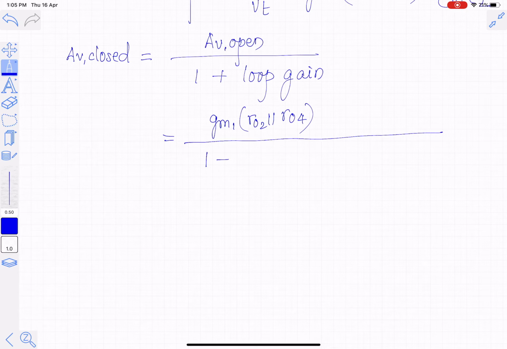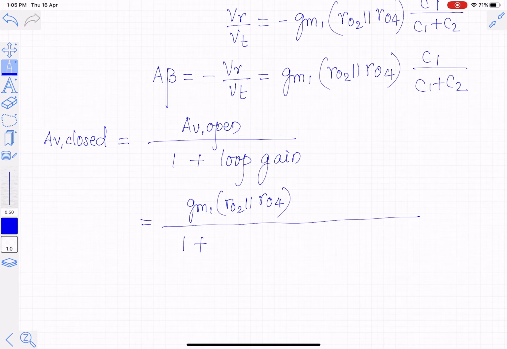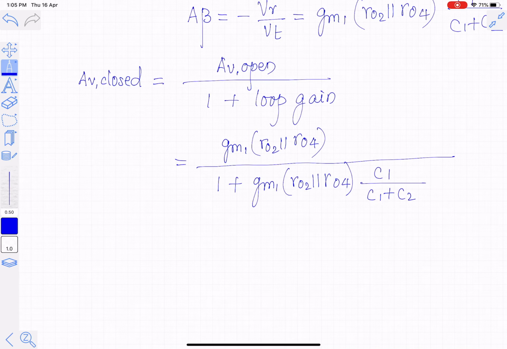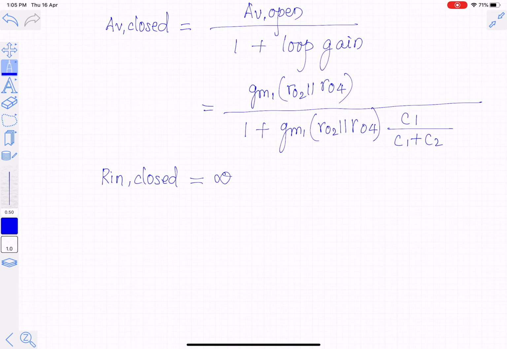So 1 plus loop gain is GM1 RO2 parallel RO4 into C1 upon C1 plus C2. This is AV closed. Similarly, R in closed in this case is not going to change because it is already infinite. Infinite multiplied by something will be again infinite.